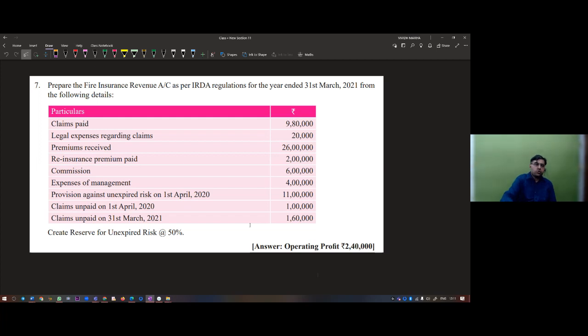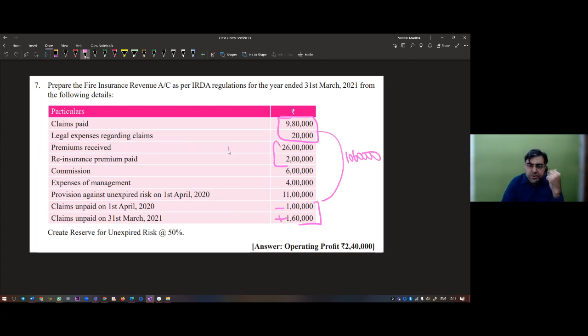I solve this question now. The claims are 10 lakhs plus outstanding at the end minus outstanding at the beginning. So the claims amount will be 10 lakh 60,000.